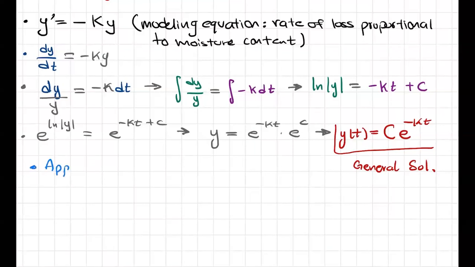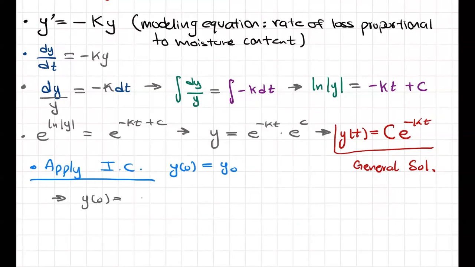So we apply initial conditions, and we know that when time is 0, y will be equal to y naught. Doing this, we get y of 0 equals C e to the negative k times 0.